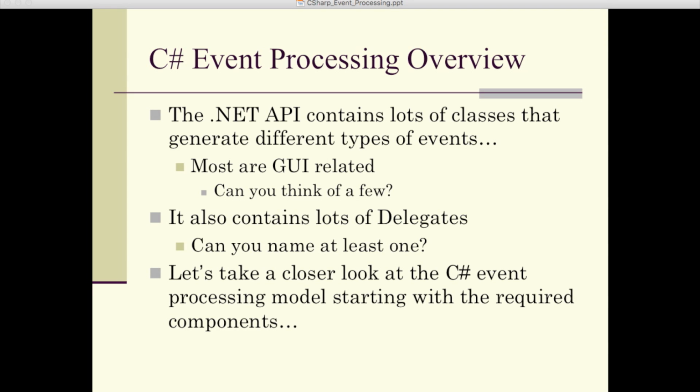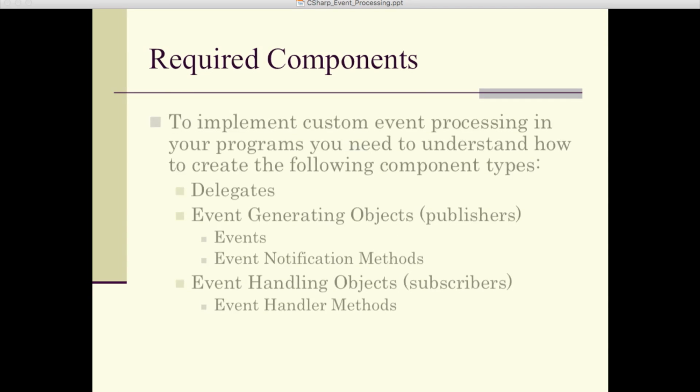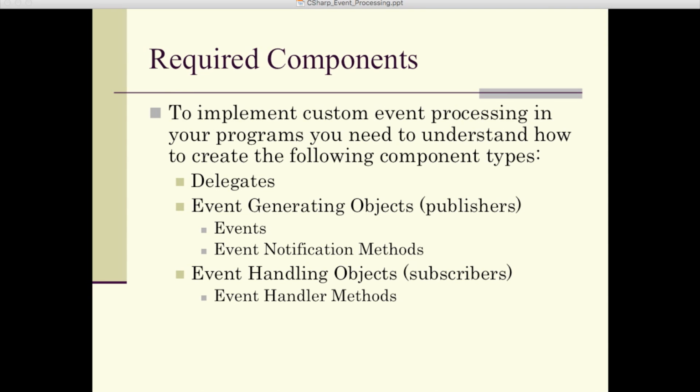So let's take a closer look at the C# event processing model, starting with the required components. To implement custom event processing in your programs, you need to understand how to create the following component types. Delegates. You need to understand how to create a delegate, how to declare it, and what the purpose of a delegate is. You need to create an object that can generate events.